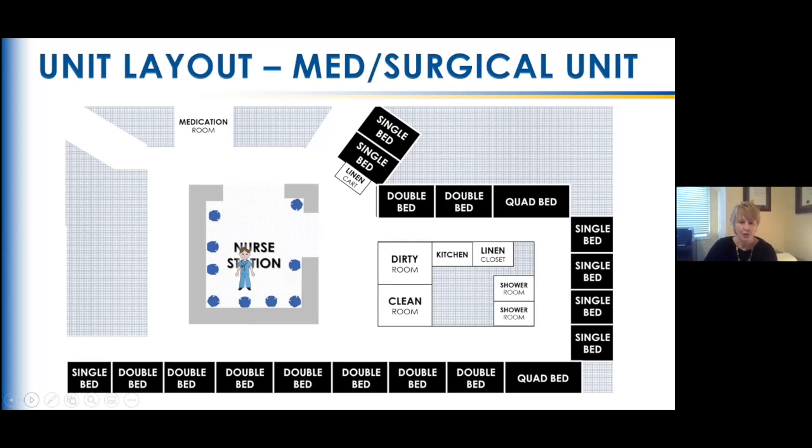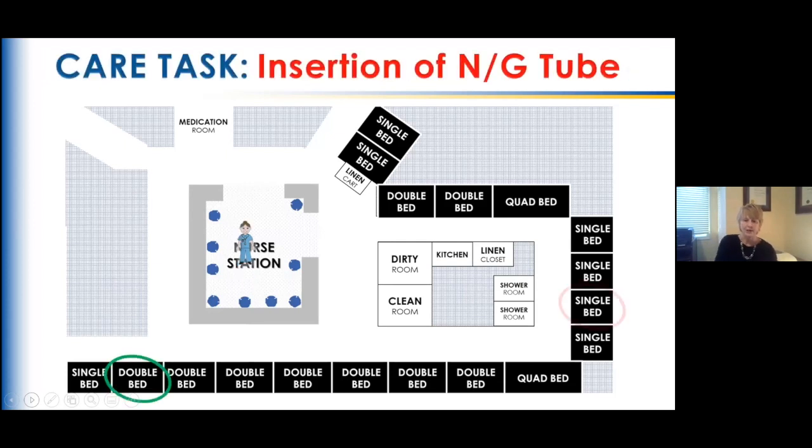Okay, so here you'll see on the screen the layout of the study unit. This is showing you the movement patterns of a nurse as they carry out a particular task, how they may walk around their unit as they're about to perform a task such as insertion of a nasogastric tube.